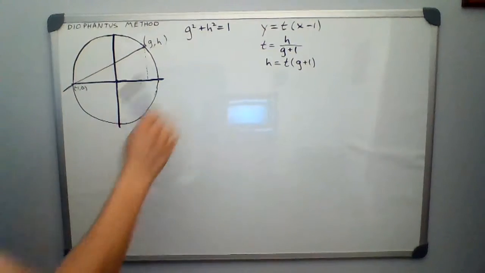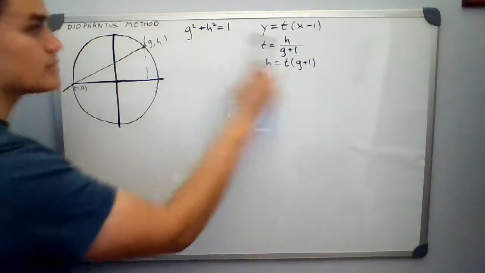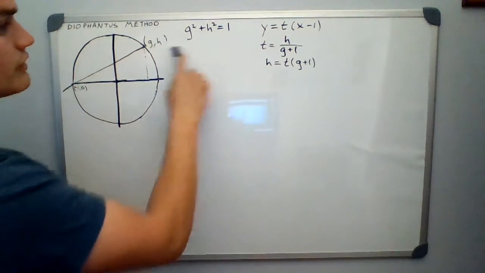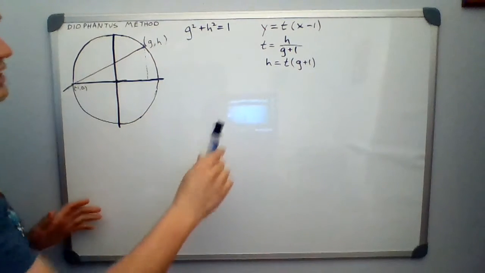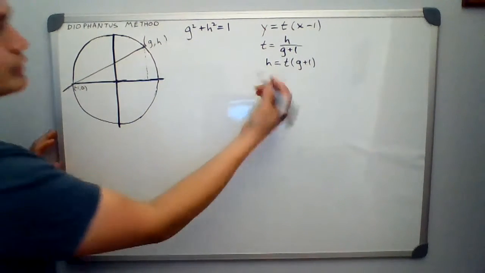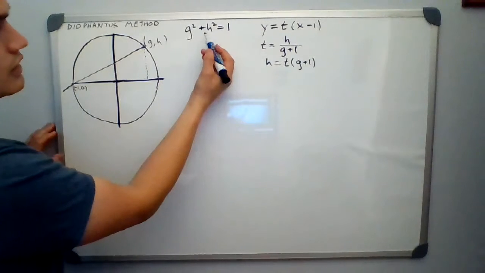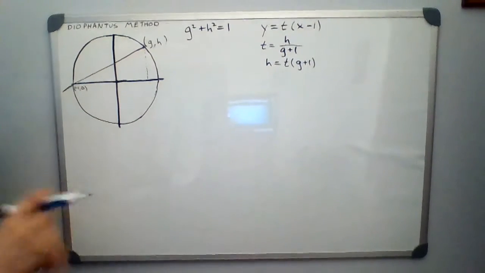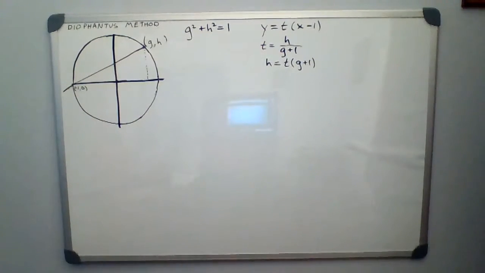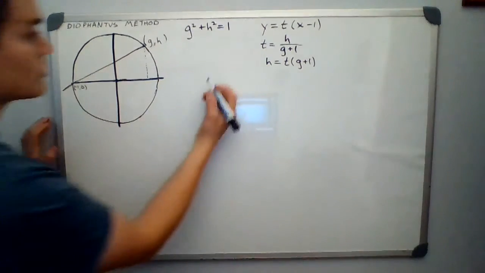So I know h is equal to t times (g plus 1), and I have g and h in a function, so if I plug this in, I should be able to solve for g in terms of t, and that's exactly what I'm going to try to do.